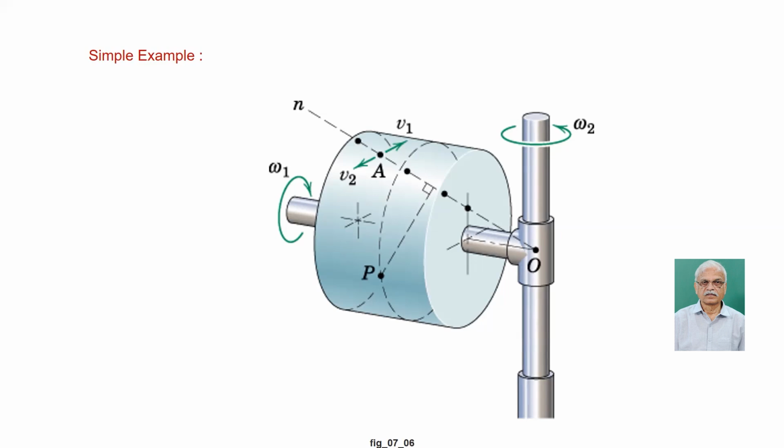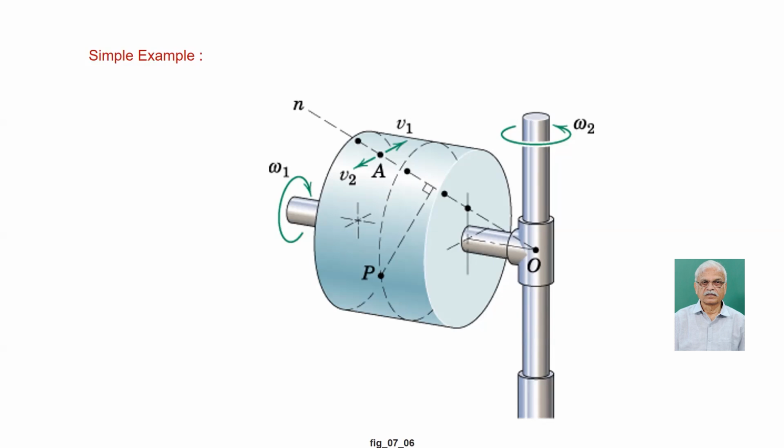Its horizontal axis is rotating at an angular velocity of omega-2 about the vertical axis, while there is omega-1 about the horizontal axis. So the cylinder is subjected to two angular velocities, omega-1 and omega-2, more complicatedly, in two different directions. So every point here will be subjected to two rotational motions.